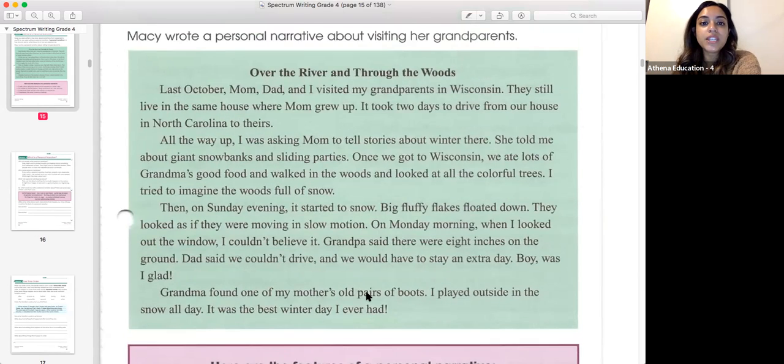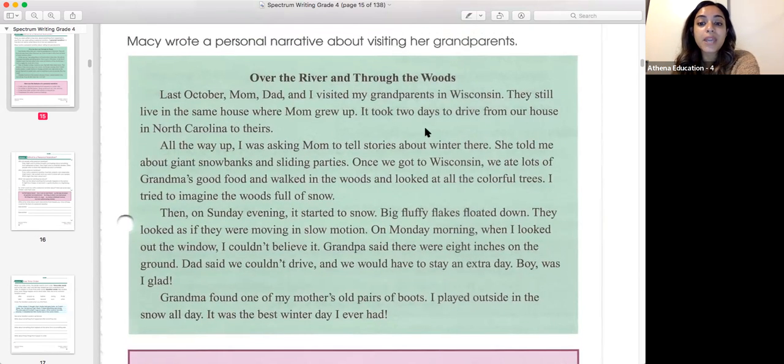Just like how Macy did in her story. So she talks about driving from North Carolina to Wisconsin. And then she talks about eating the food, and then looking at the trees. And then on Sunday, it started to snow.